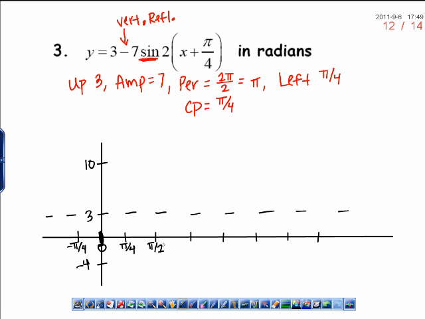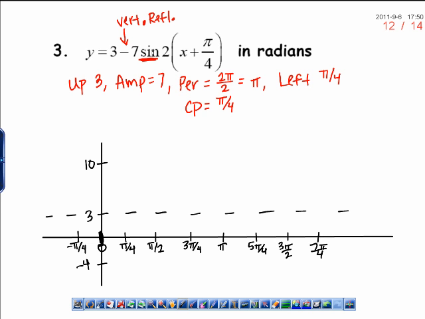And sometimes this can become pretty tedious, but in this particular case, these are values that we're used to on our unit circle. 3 pi over 4, 4 pi over 4 a pi, 5 pi over 4, 6 pi over 4, which would be 3 pi over 2, and 7 pi over 4. And I could have gone to the left one more and not had 7 pi over 4. It doesn't really matter as long as you have 9 total.